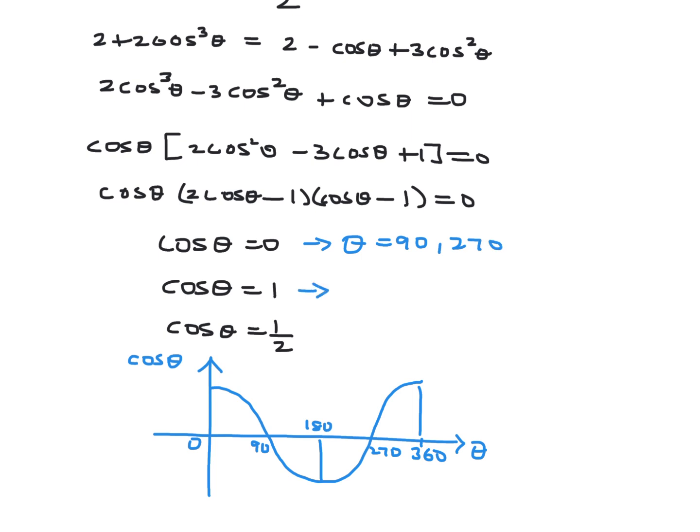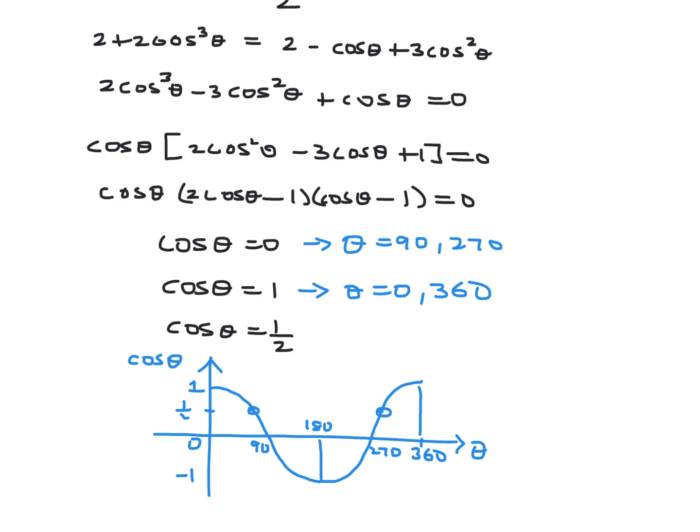When cos theta is 1, so this is 1 right here, and this is -1, the upper and lower boundaries. When cos theta is 1, that means theta is 0 or 360. Yeah, 0 or 360. And then a half, well, half would be here, so that would be here and here, and I know those.